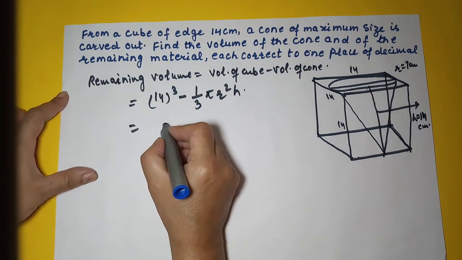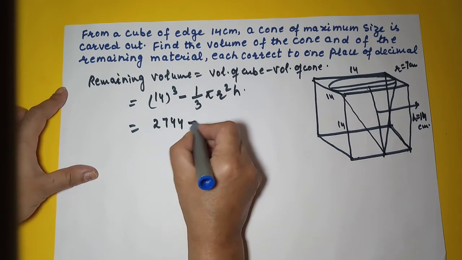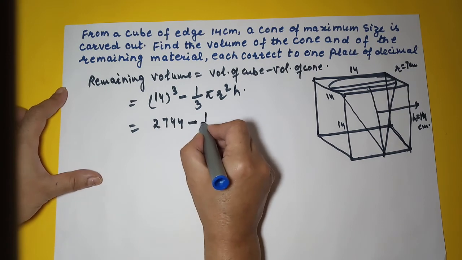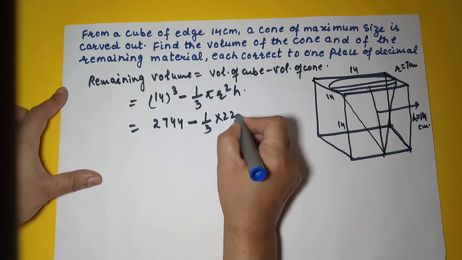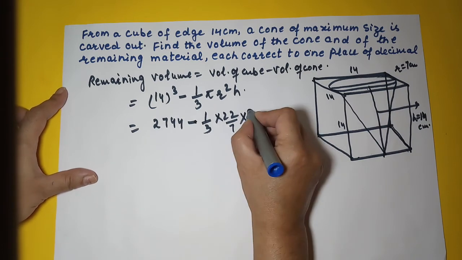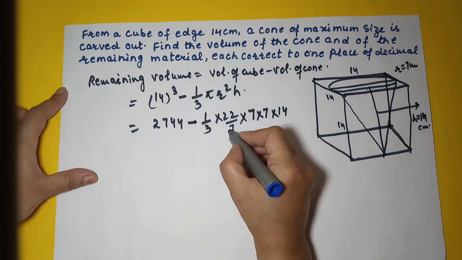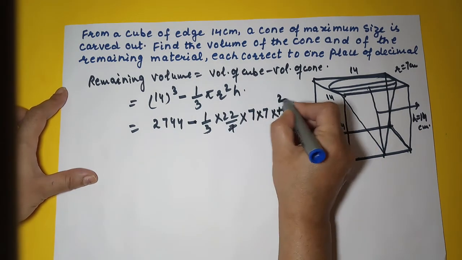So 14 cube is 2744 minus 1 by 3 into 22 by 7 into r, which is 7, into 7 into 14. So 7 2s are 14.